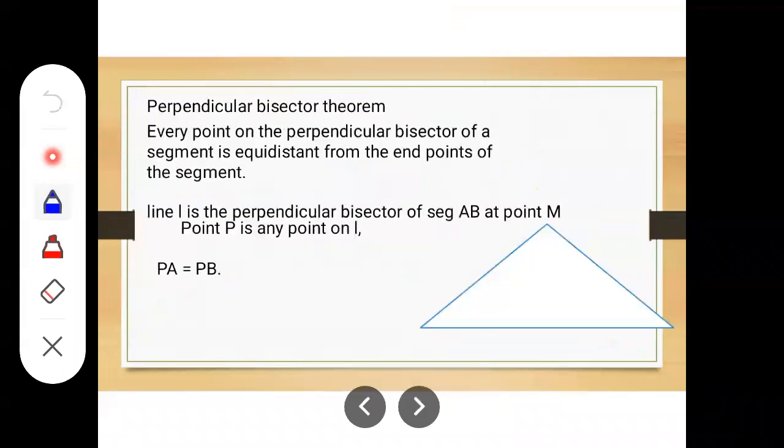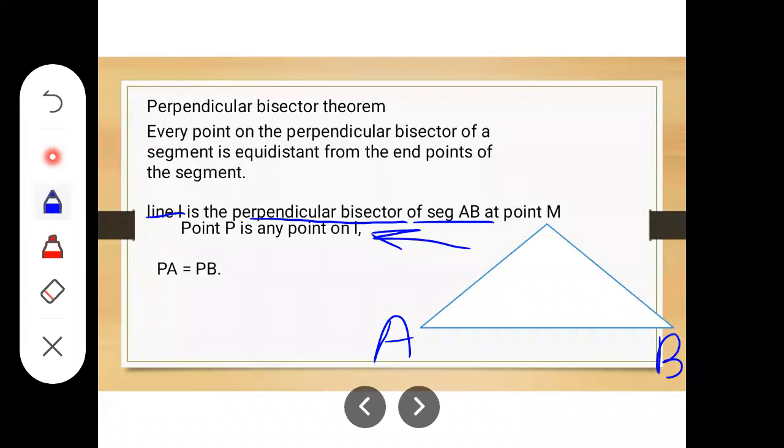Now see another point. Perpendicular bisector theorem. That is also very easy. Now see in the diagram, line L is the perpendicular bisector of segment AB. Suppose this is segment AB, and line L is the perpendicular bisector.